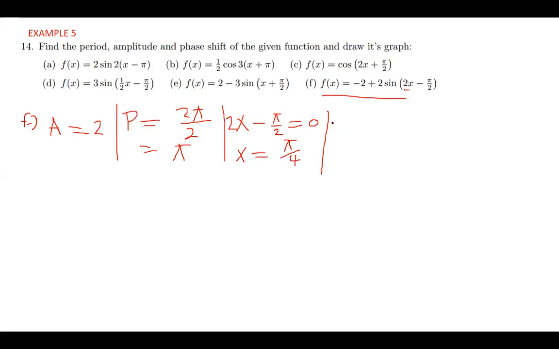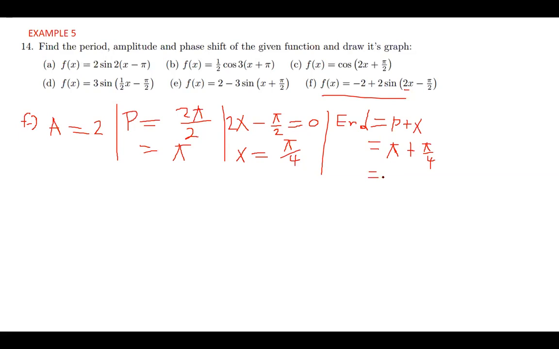Here now we can find the end point. The end point is given by adding the period to x. So the period is pi, and I'm going to add pi plus my value of x, pi over 4.